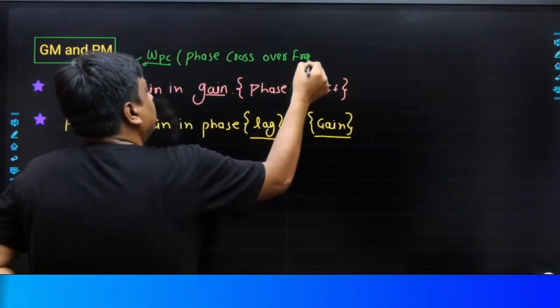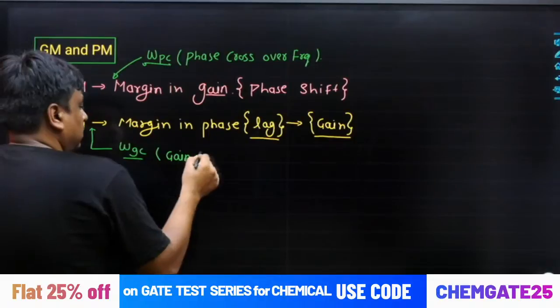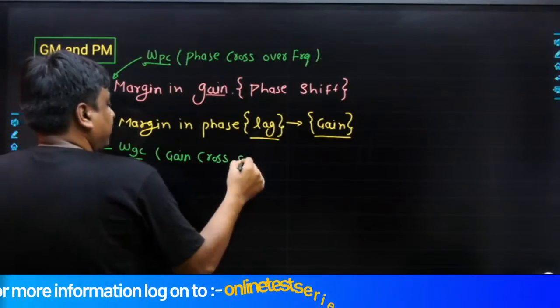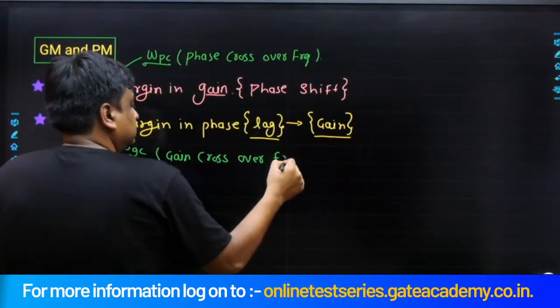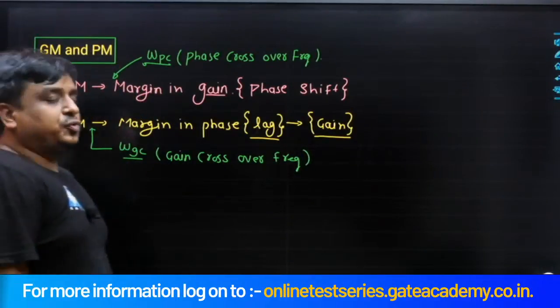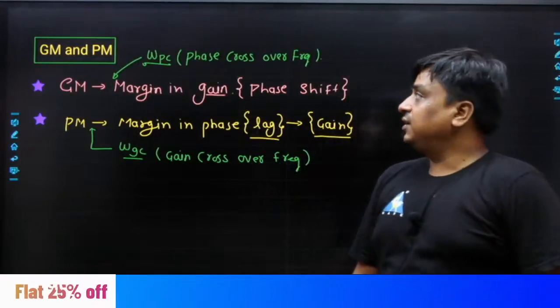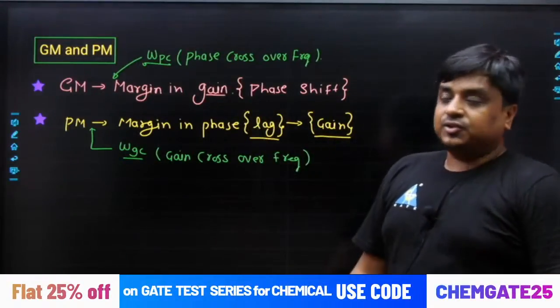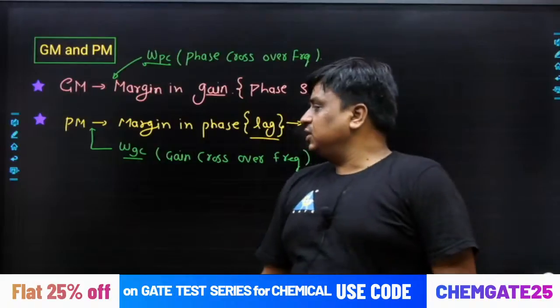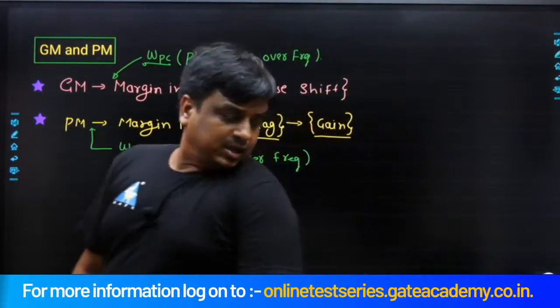So lump sum, you are going to study 4 different terminologies within the concept of gain margin and phase margin, which starts from phase crossover frequency, goes to the gain margin, goes to the gain crossover frequency, and comes down to the phase margin.